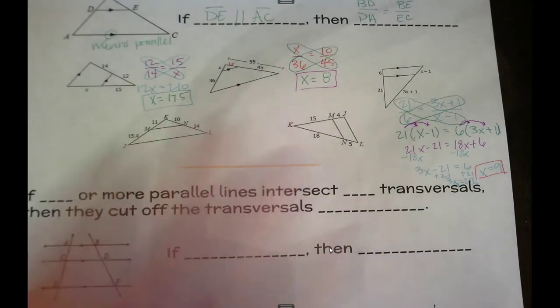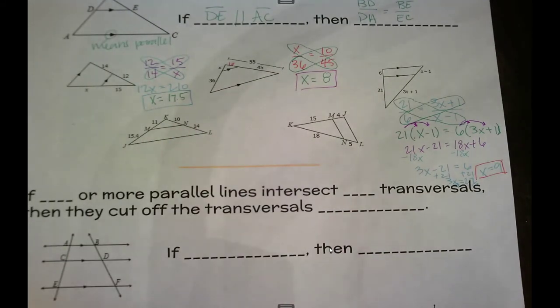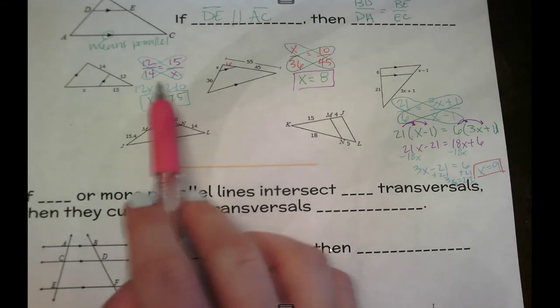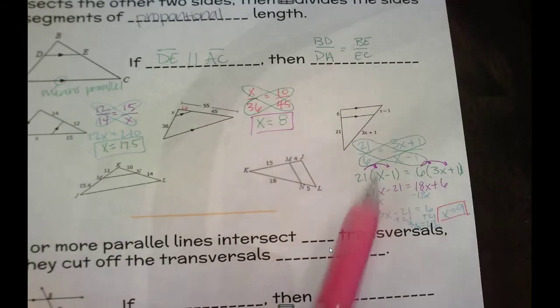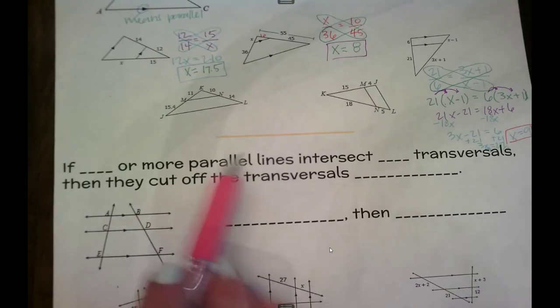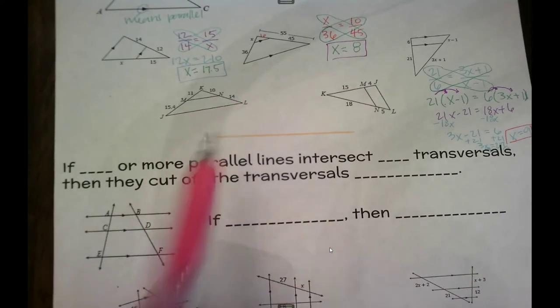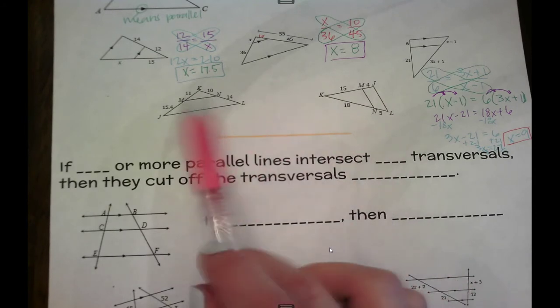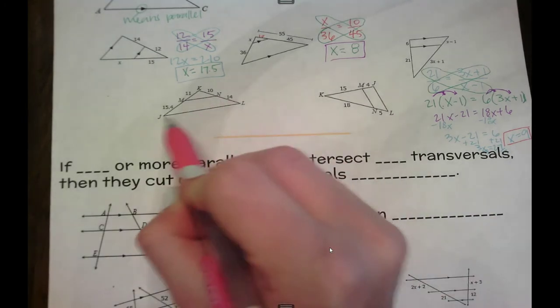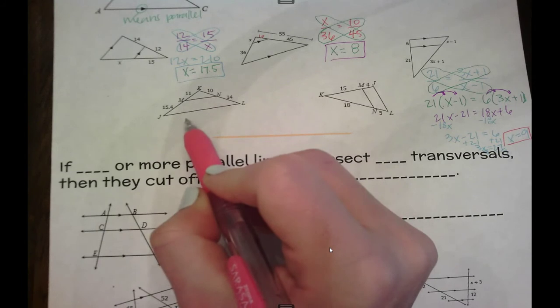If we are given all of the numbers, then what we can do is see if our proportions equal each other. And if they do, then we know that this is similar. If they don't, then we can know that this line is parallel to this one if our proportions work out to be equal.